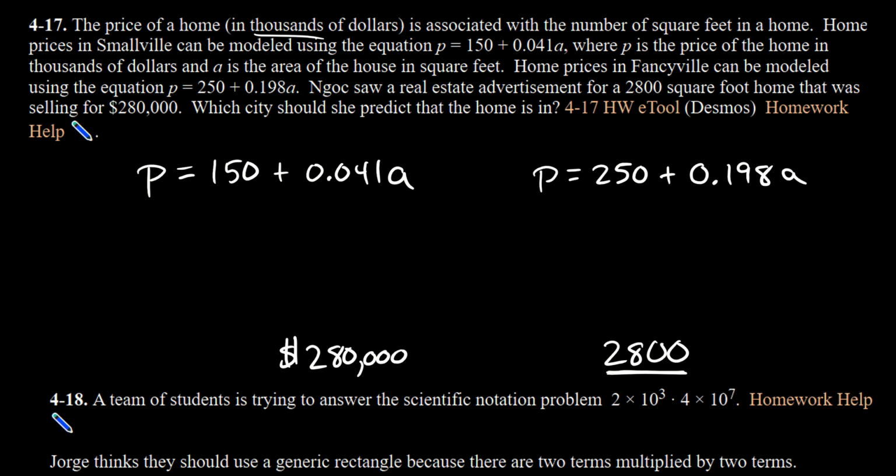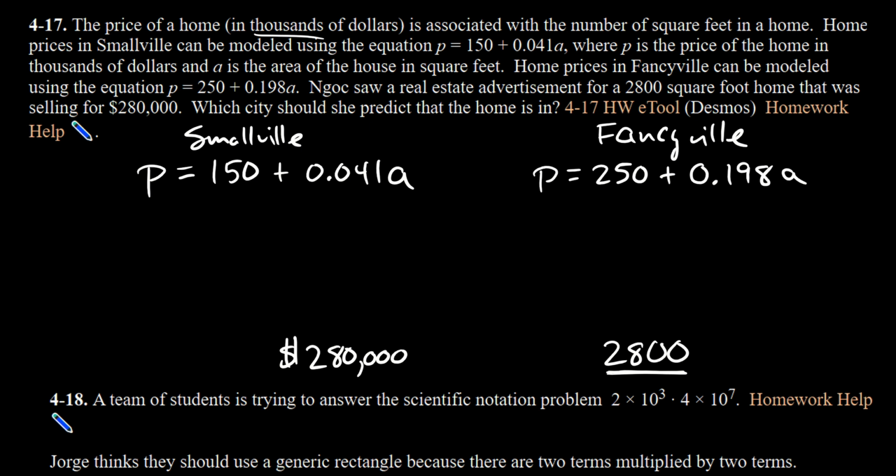Which one of these has the smaller residual, meaning that it's probably fitting in better with one town or the other? And our two towns are Smallville, Ohio, and Fancyville. That's an obnoxious name.